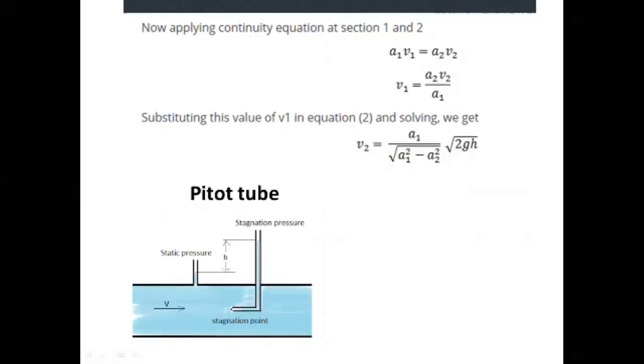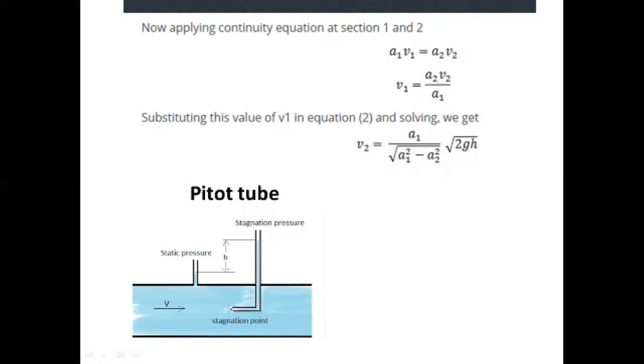As the liquid flows, because of the narrowness of the tube, the velocity is going to decrease at this particular point as it tries to enter here. As the velocity decreases, the pressure is going to increase at this point compared to this region. There is a place which we call the stagnation point, where the velocity tends towards zero because of the introduction of a barrier into this particular tube.